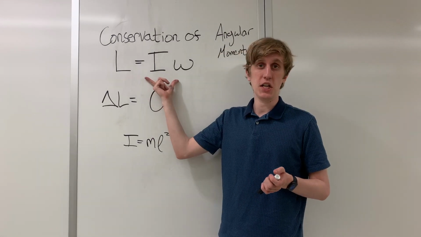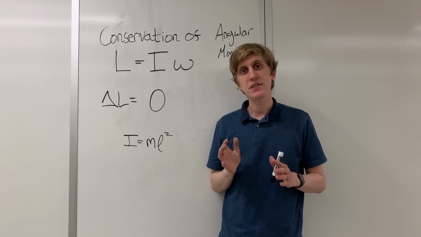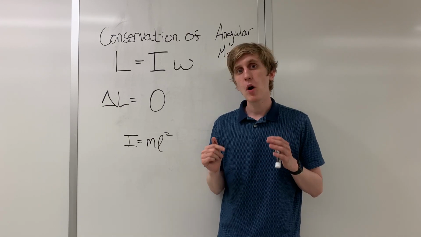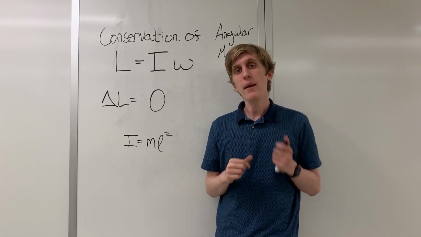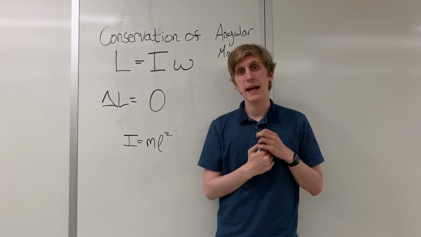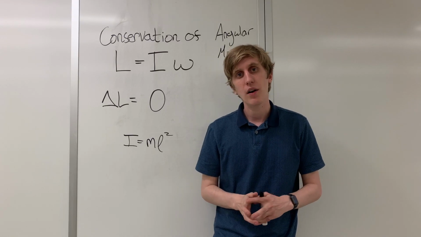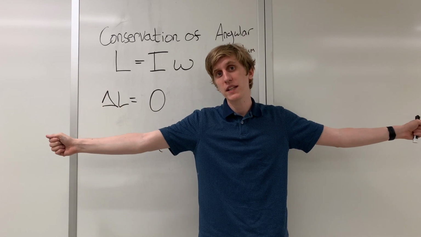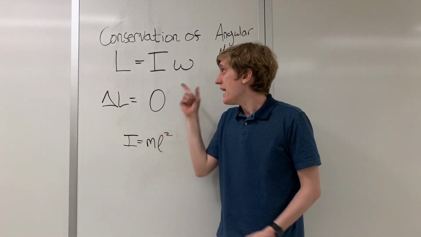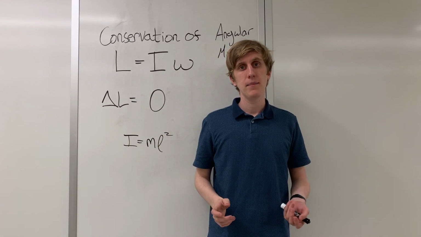Here's the definition of angular momentum. If angular momentum is not changing, but the moment of inertia of our system is changing, then what must happen to the angular speed? Well, it must change as well. Specifically, if we're increasing the moment of inertia by holding the weights out, the angular speed must decrease in order to compensate.